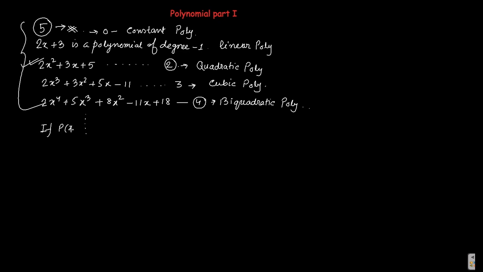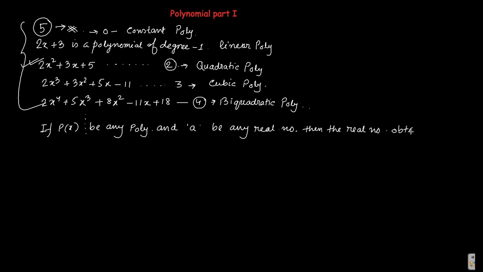If p(x) is any polynomial and a is any real number, then the real number obtained by putting x equals a is called the value of p(x) at x equals a.